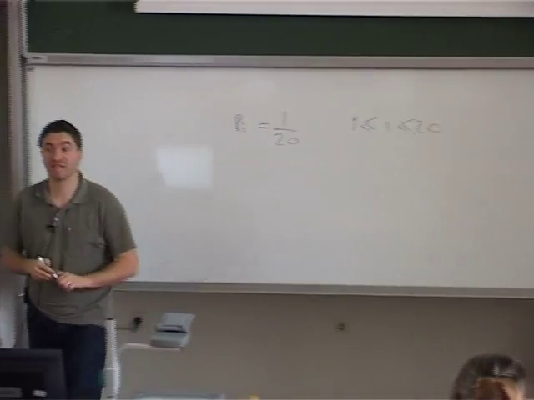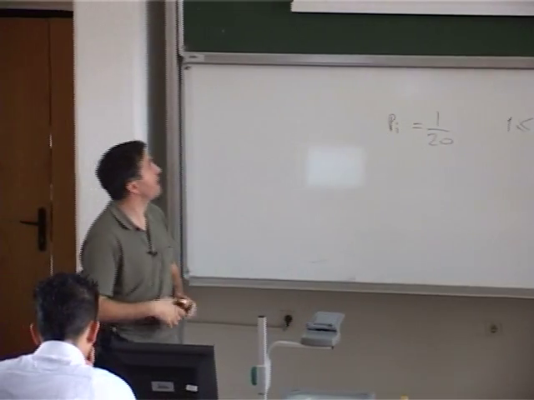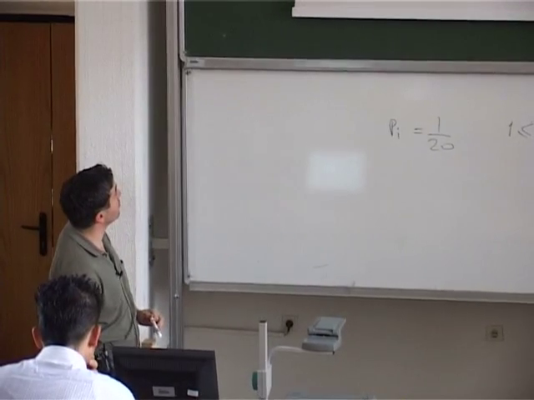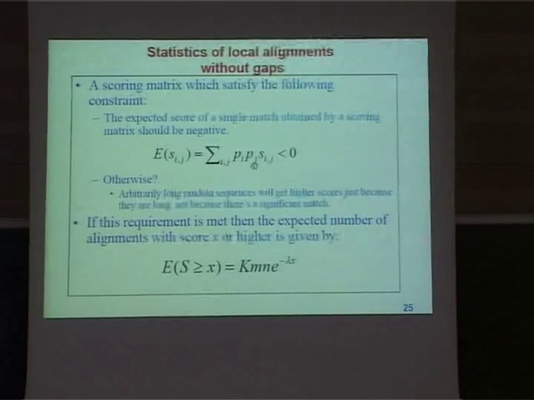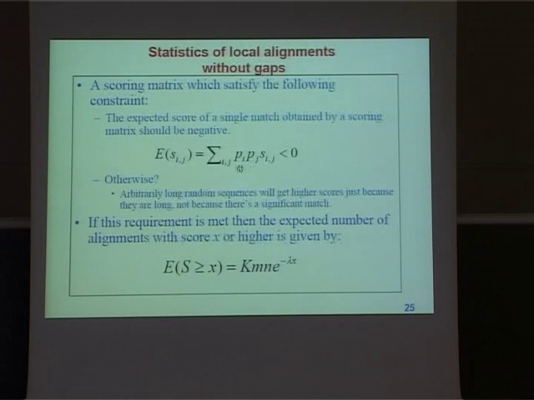Okay, so this Pi here is the probability of observing an amino acid i, and Pj is the probability of observing an amino acid j. If all of them were equal, these would be 1/20 probabilities, and this is the score of aligning i with j. So it's like this.